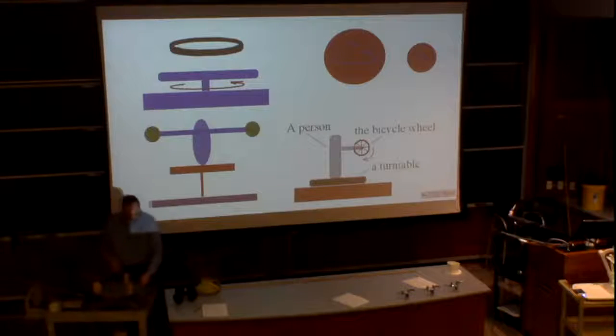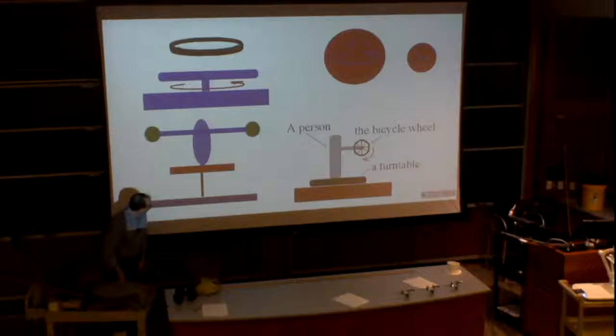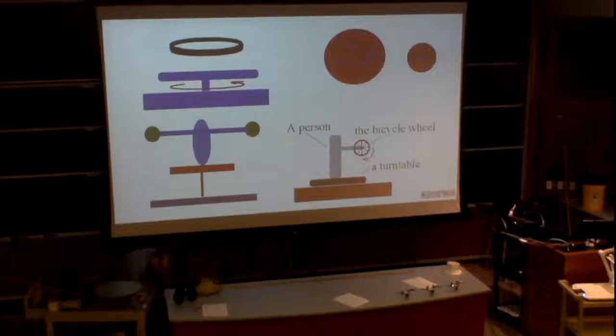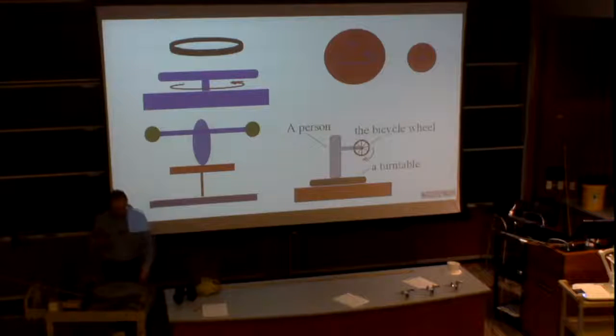Okay, so let's see if I can do this with this one. The top experiment, well, instead of a ring, I have just a weight. So it spins. And now it clearly slows down.